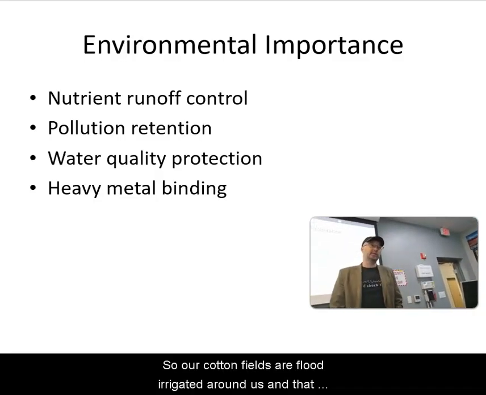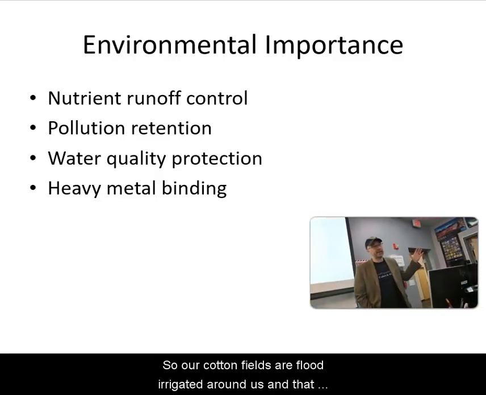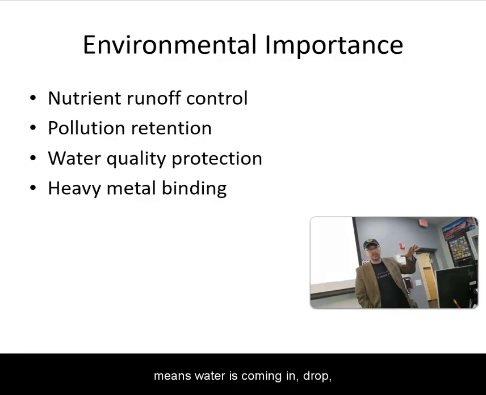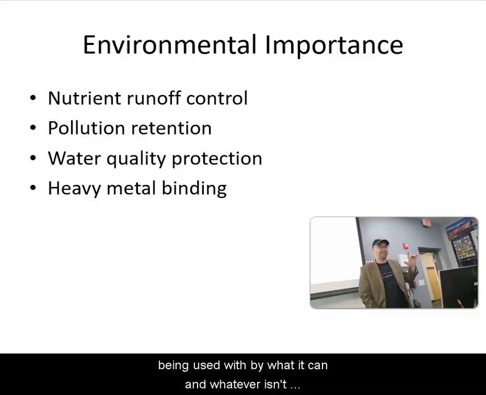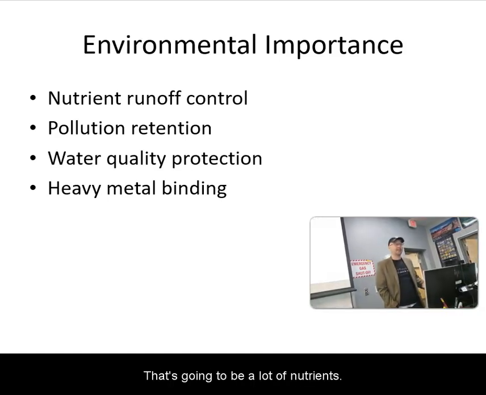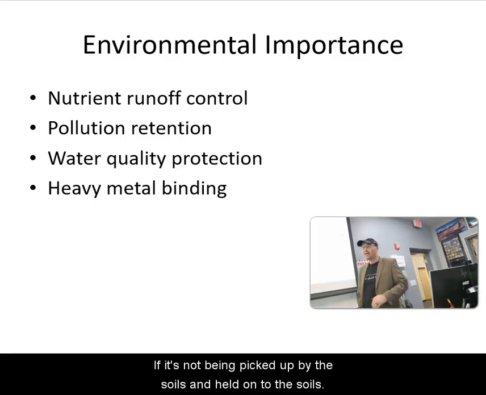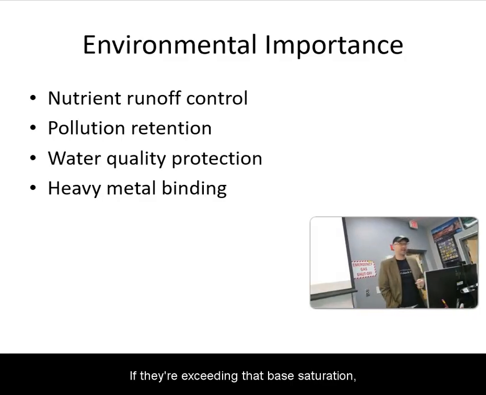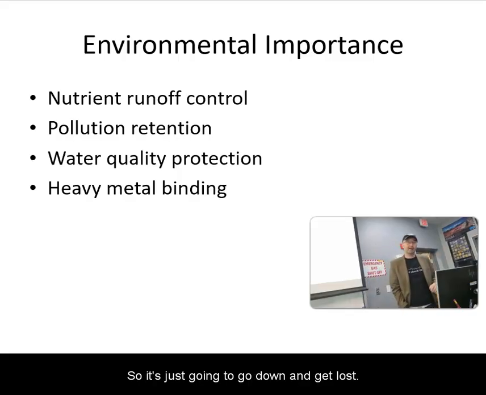So our cotton fields are flood irrigated around us, and that means water is coming in, being used by what it can, and whatever isn't getting used gets flushed out, right? That's going to be a lot of nutrients. A lot of nutrients are going to get flushed out if it's not being picked up and held on to by the soils. If they're exceeding that base saturation, the soil can't hold any more, so it's just going to go down and get lost.